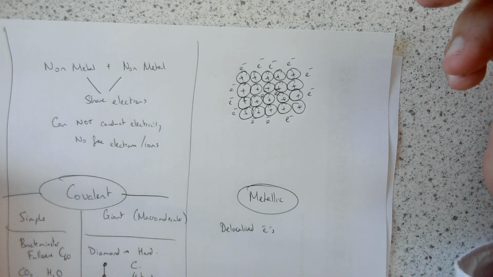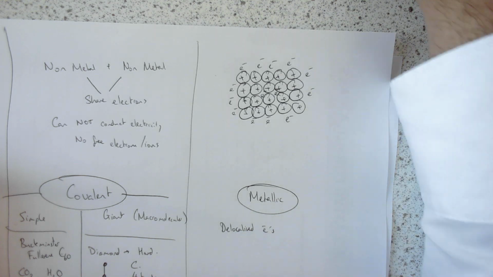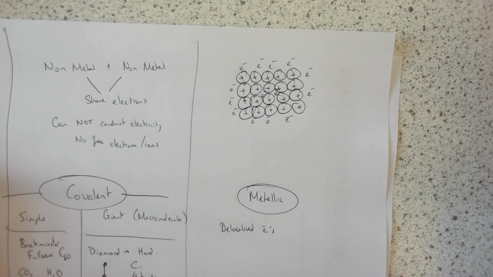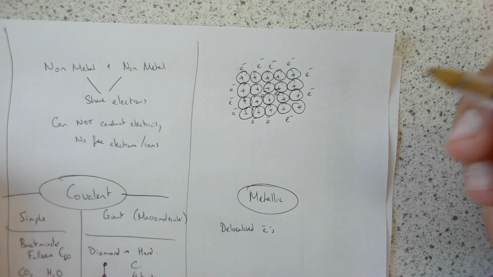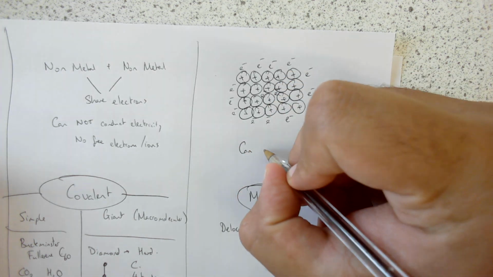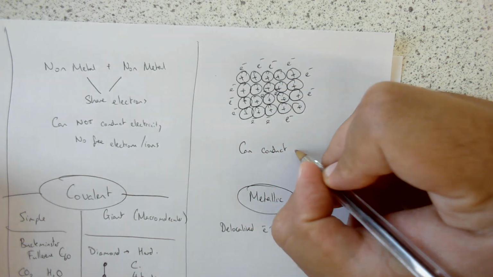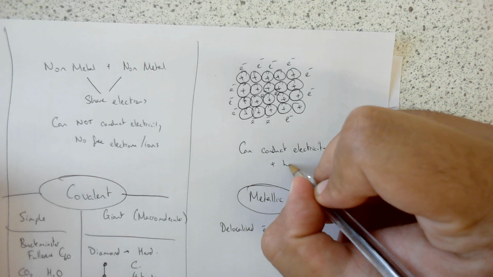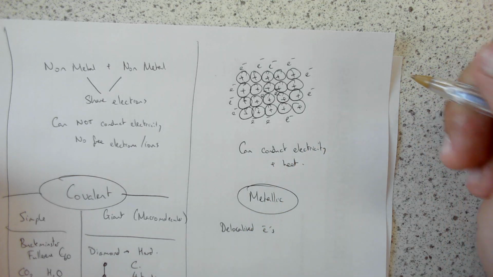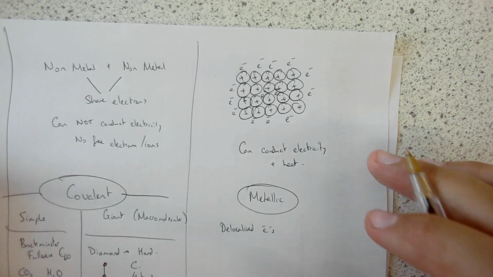Now, they have properties that you'll know about. The properties are they can conduct electricity. Why can they conduct electricity? They can conduct electricity and heat energy. Why?